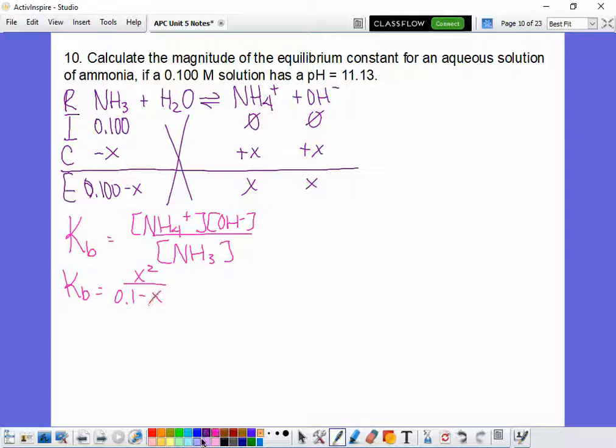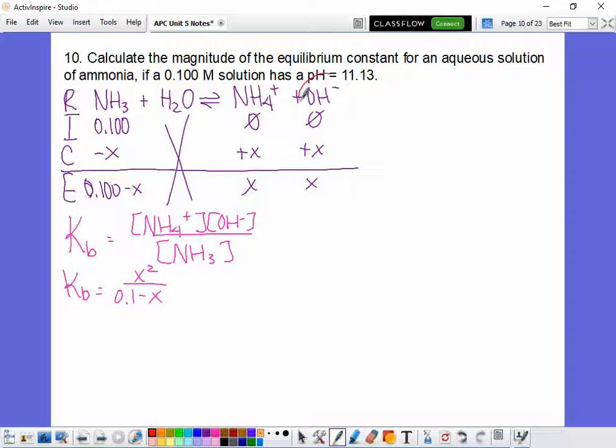Yeah? All right, now I need to find x. What information am I going to use to solve for x? The pH. Now the pH is going to get me the H plus concentration, but how is that going to help me here? Because this reaction doesn't have H plus.